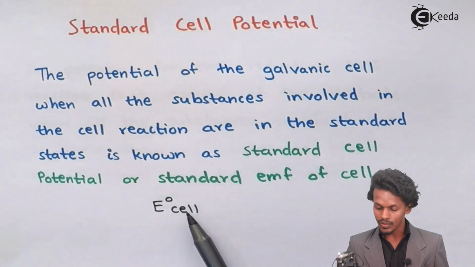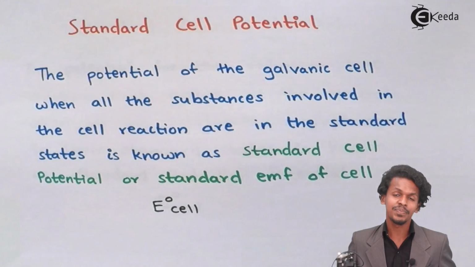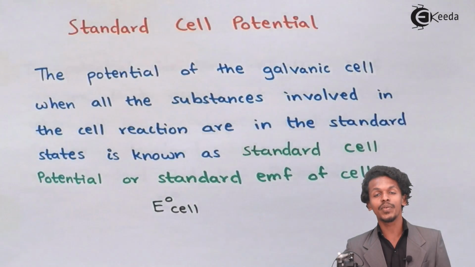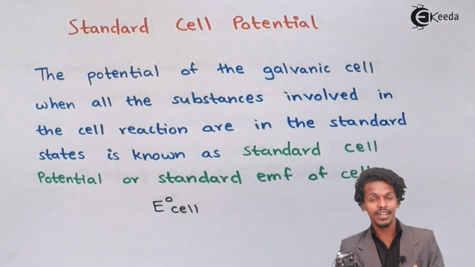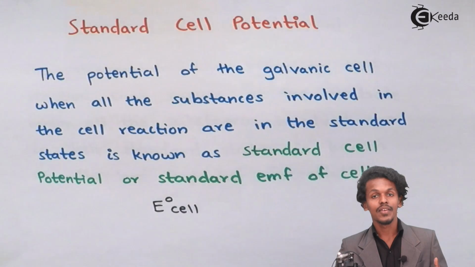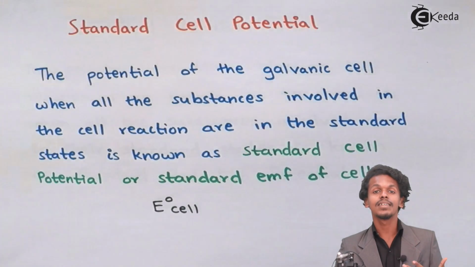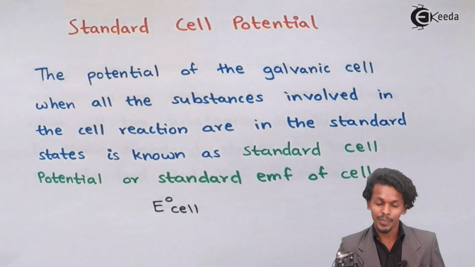It is denoted by E naught cell that I have written. So in this process, as we did earlier also, it is the difference between the reduction potential of a particular cathode and reduction potential of a particular anode, and with the help of this we could estimate what would be the EMF of a particular cell or the cell potential of a particular cell.